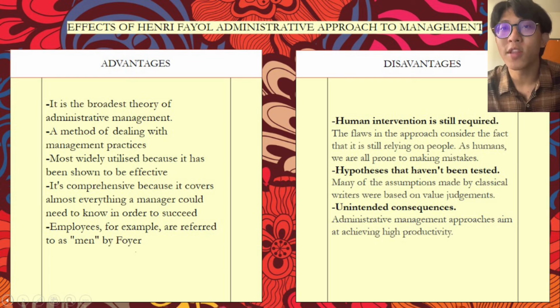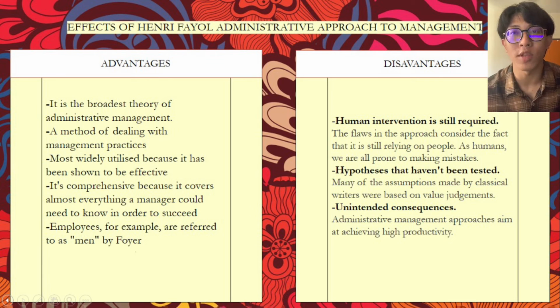As for the disadvantages, there are 3 points that I can point out. First is that human intervention is still required. The approach's limitations include the fact that it still relies on individuals. We are all prone to make mistakes as humans, and the concept is based on achieving interpersonal harmony, which leads to the formation of a strong management team. The team's overall strength weakens when mistakes are made.